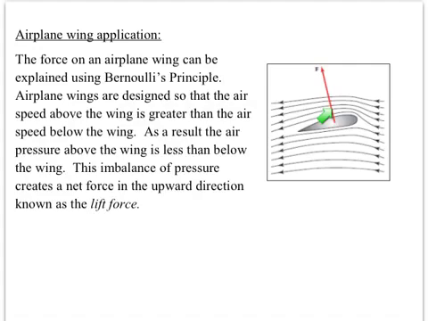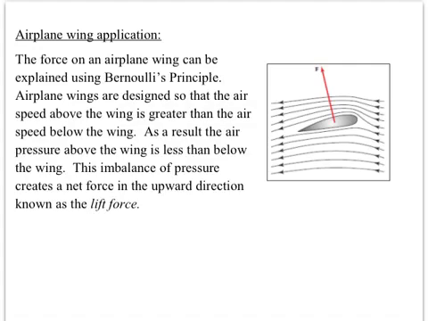So low pressure up here, high pressure down here, which means there's got to be a force present. Since the pressure is higher here, it's going to push up. So the force of this is what's giving you lift. That's how airplanes work. There's also something called drag, which is friction. If the lift force can overcome the drag force, you have liftoff. If it doesn't, that plane is not going to lift off.